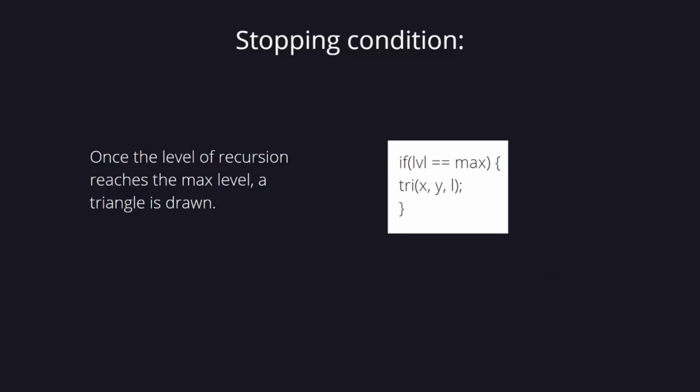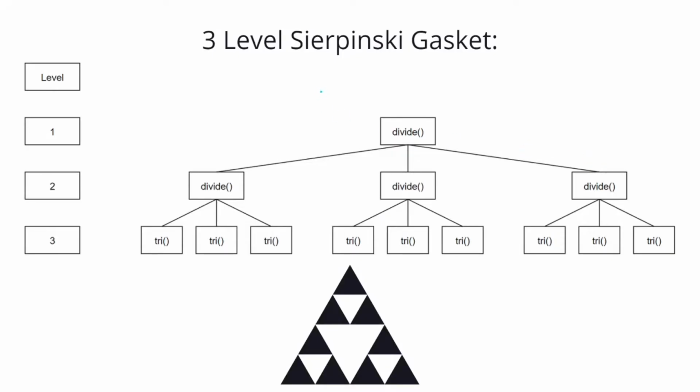So once the level of recursion reaches the max level, the triangle is drawn. This is an example for the code. So here is an example of a 3-level Sierpinski gasket where when the level is 1, it will divide into 3 because level 1 is just an equilateral triangle.